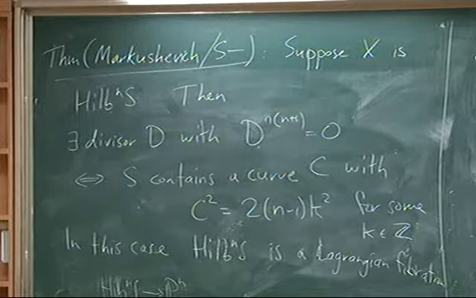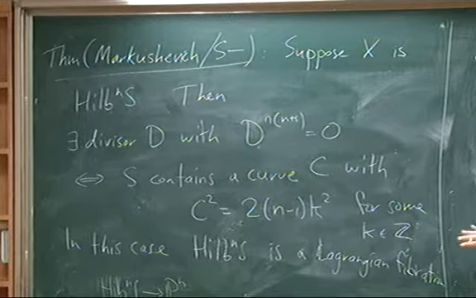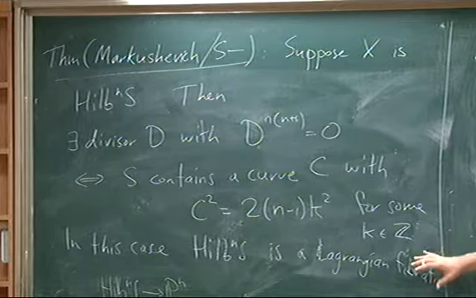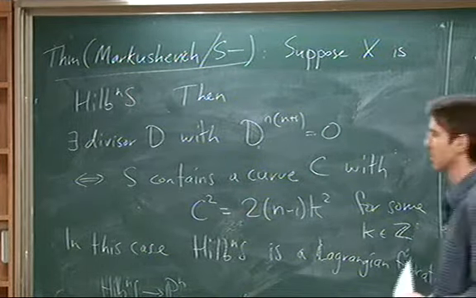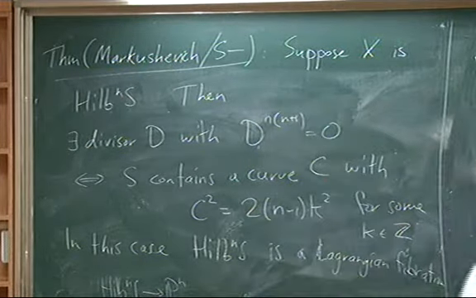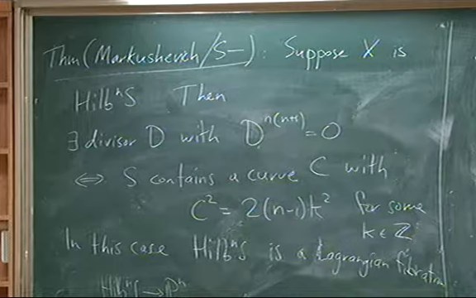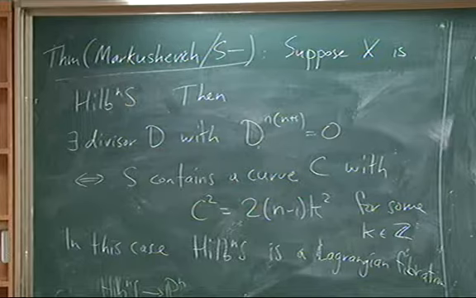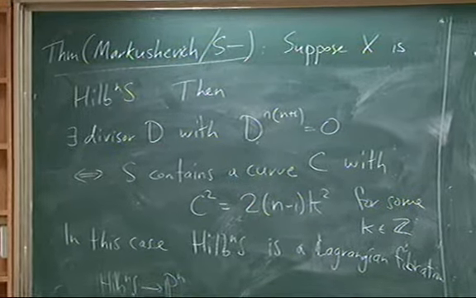Okay. So this theorem has been generalized, or there are analogs of this for some other examples of irreducible holomorphic symplectic manifolds. But in the general case, this is still an open conjecture.